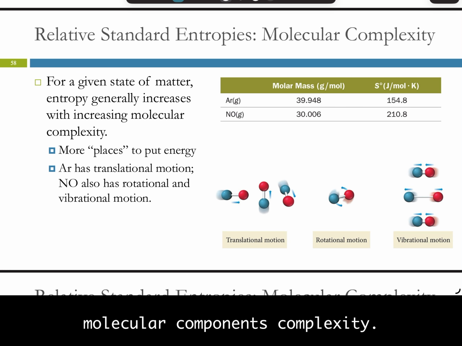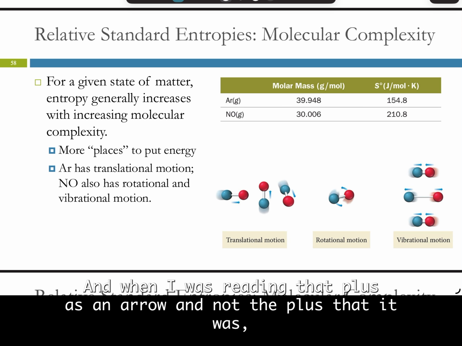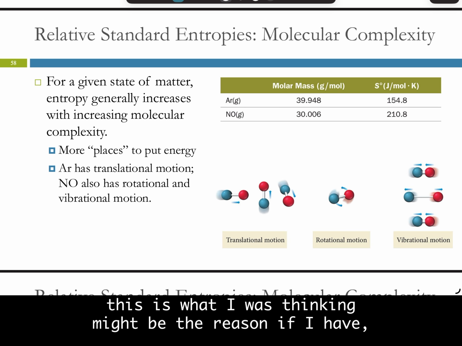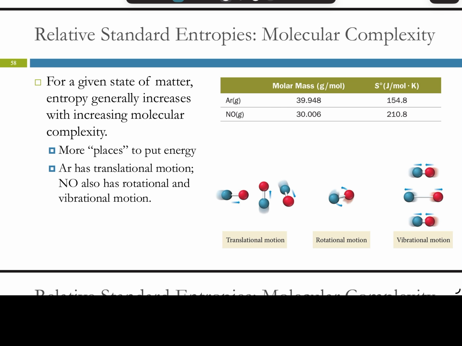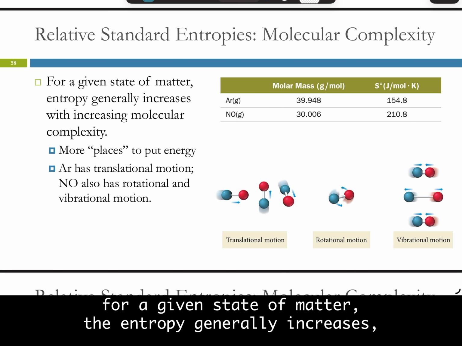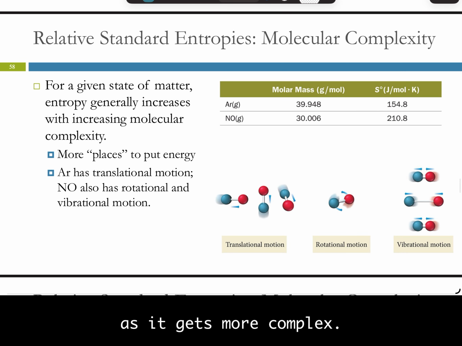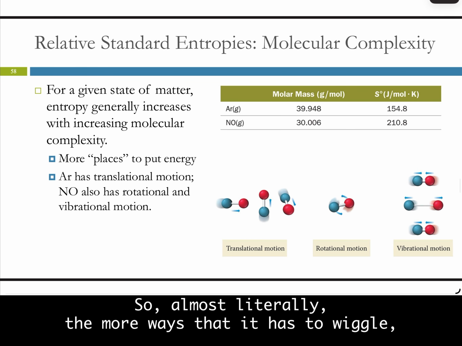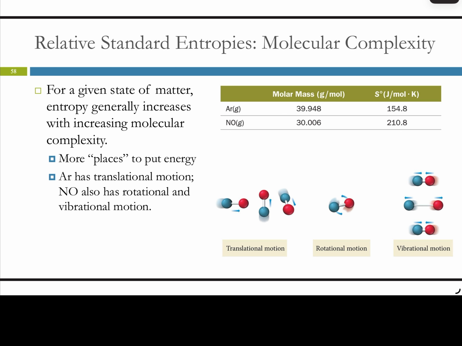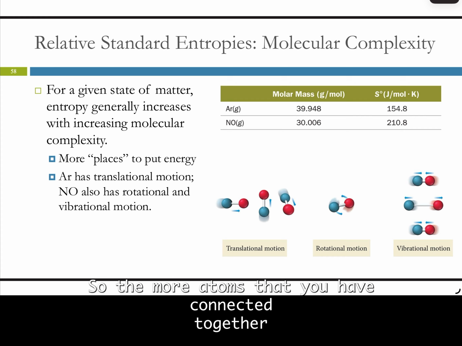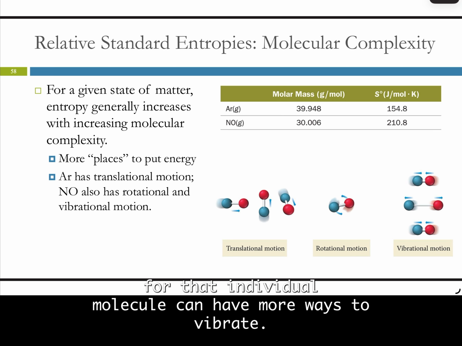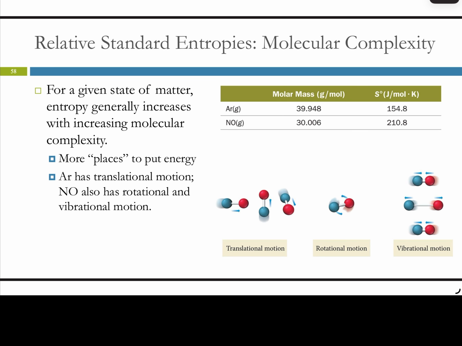Molecular complexity, and when I was reading that plus as an arrow and not the plus that it was, this is what I was thinking might be the reason. For a given state of matter, the entropy generally increases as it gets more complex. So almost literally, the more ways that it has to wiggle, the more microstates it has. The more atoms that you have connected together, the more ways that individual molecule can vibrate.